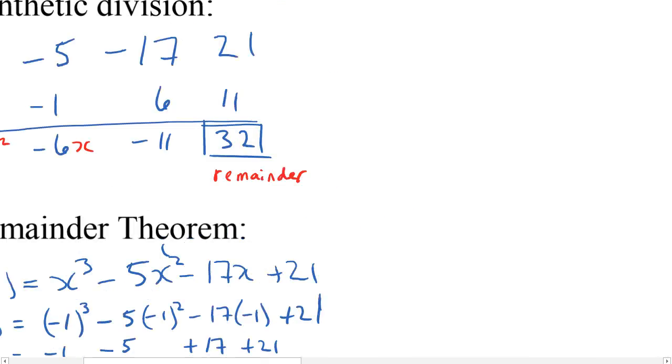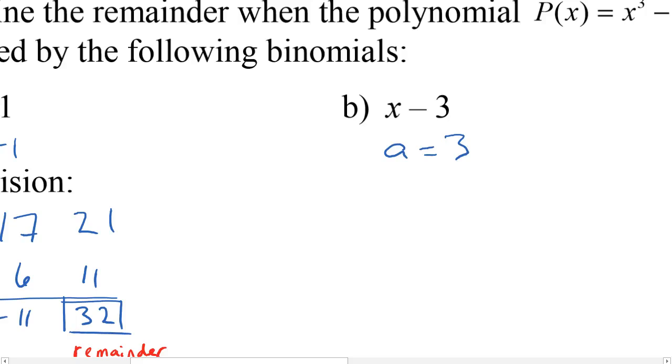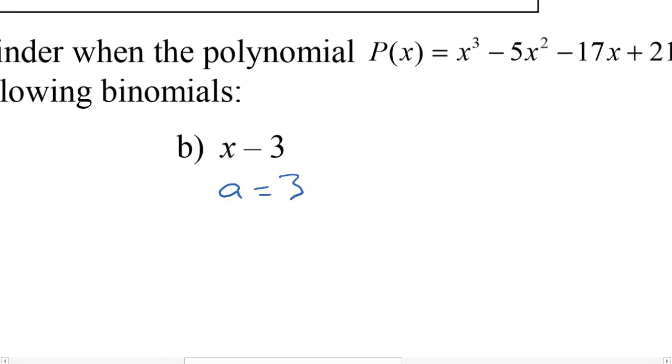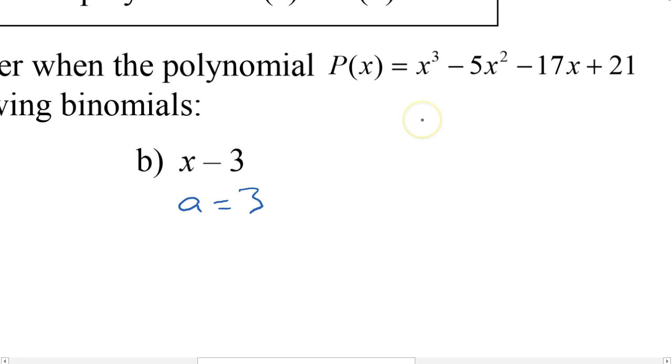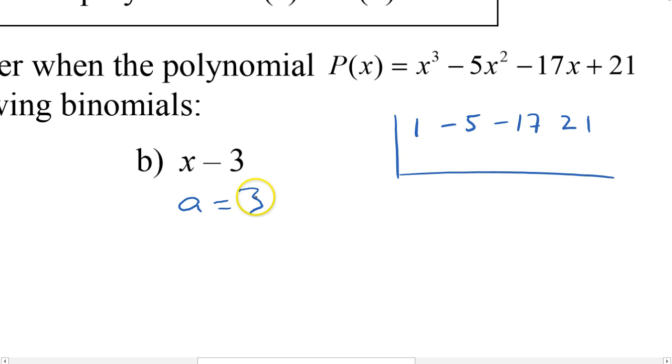Now let's try the other example, dividing by x minus 3. First we'll do synthetic division, and it's nice because we've got the polynomial written here. For synthetic division, we have a 1, a -5, a -17, and a 21, and our a value is 3. I bring down the 1 and multiply it times 3.